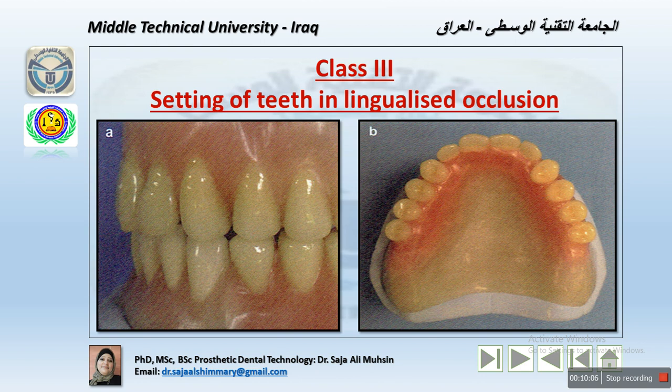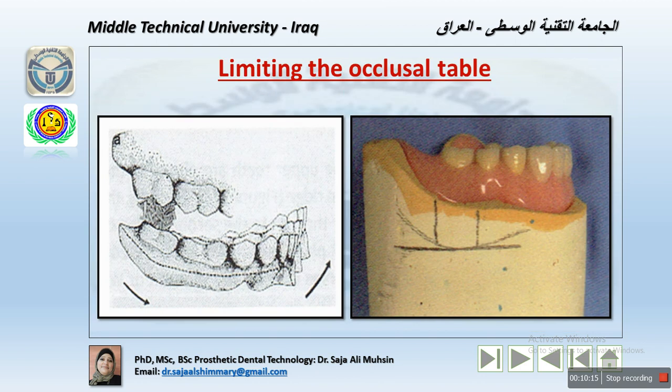Now, during our settings, the case differs from patient to patient, and we have many points to keep in mind, for example, limiting the occlusal table. Generally, within the restoration, we are looking for narrowing the occlusal table to direct the pressure alongside the restoration into the underlying tissue.